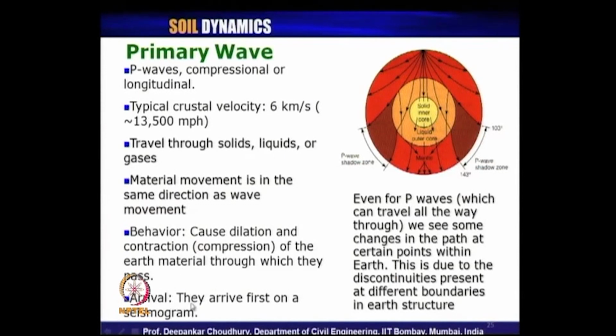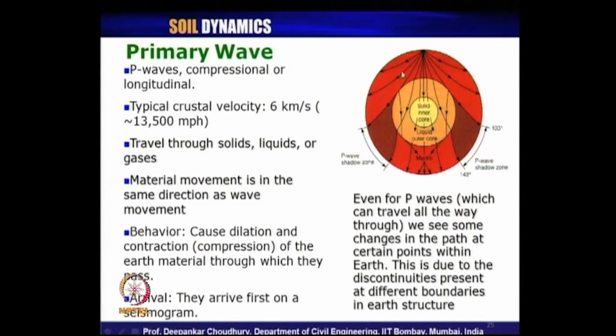About their arrival, they arrive first on the seismogram because of their very high crustal velocity. That is the maximum crustal velocity among all the waves. So, the P wave has the maximum crustal velocity among the 4 types of waves.